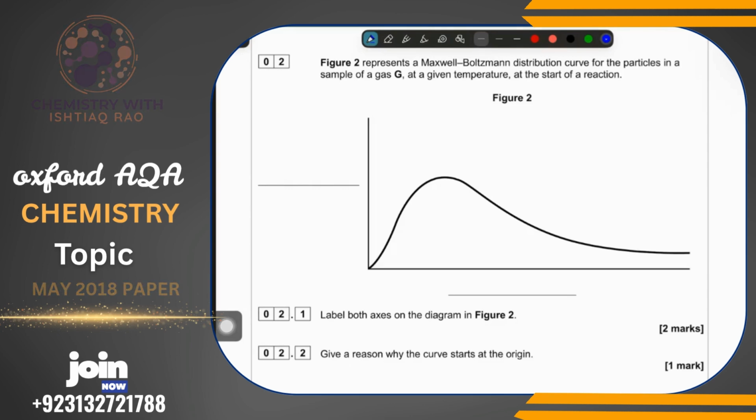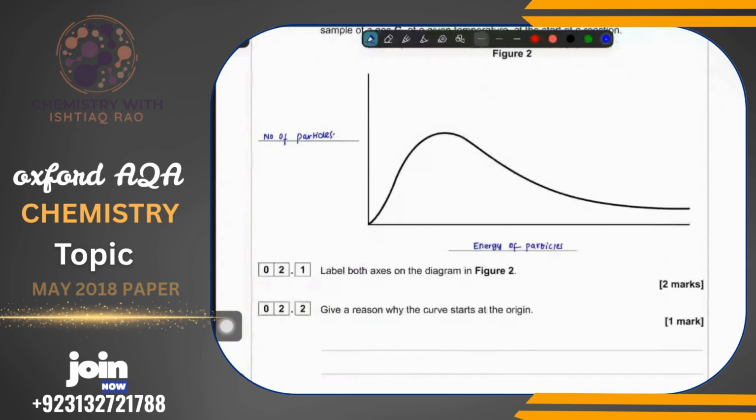It's the energy of the particles on the x-axis, and the number of particles on the y-axis. Basically, temperature is not the x-axis. Okay, got it.